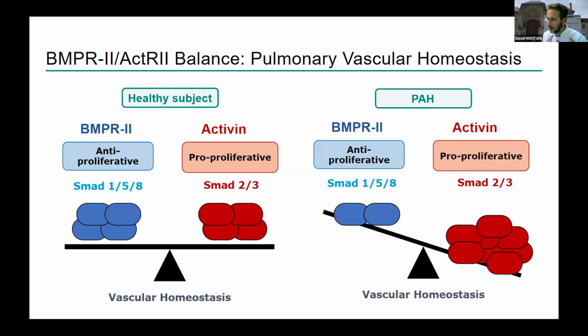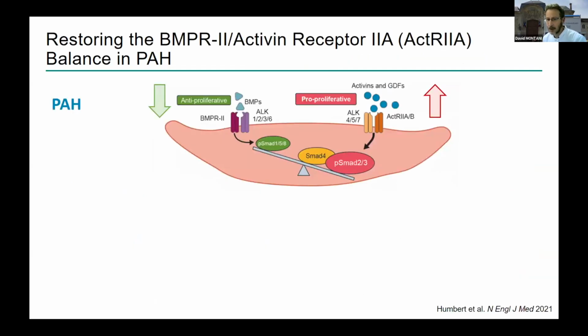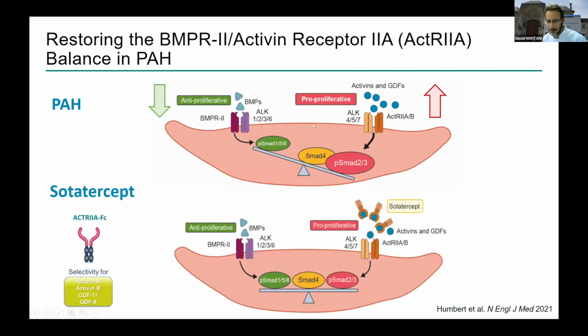But in PH, we know that there is a decrease of BMPR2 expression, a decrease of the BMPR2 pathway, but we also discovered that there is an increase in the activin pathway. So there is clearly an imbalance in favor of proliferation of cells. We are not able to target BMPR2 directly, but with Sotatercept, we are able to target the ligands of the activin pathway.